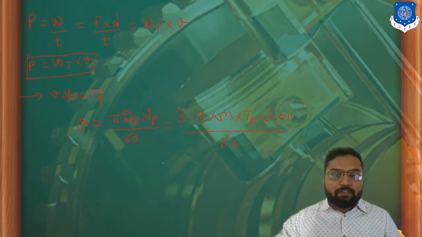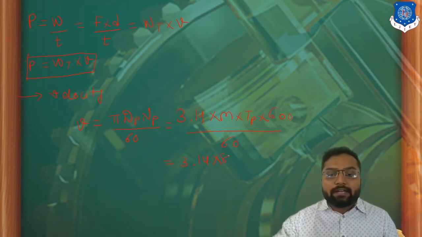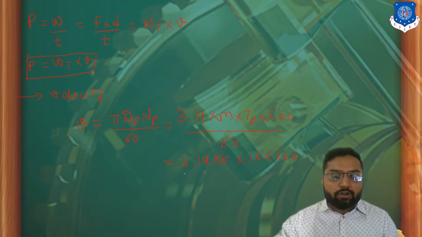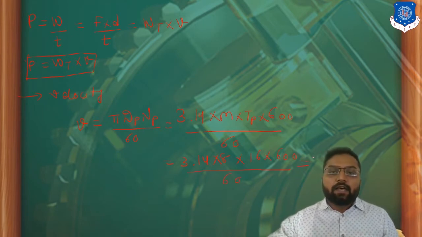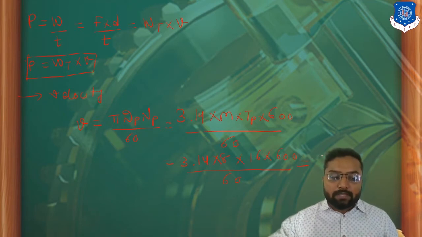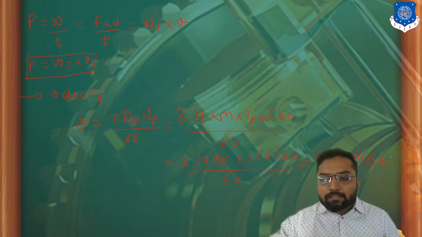Let's put in these values: 3.14 into module 8 into 16 into 600 divided by 60. The solution of this is nothing but 4.02 meter per second.